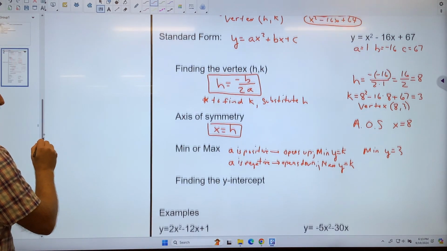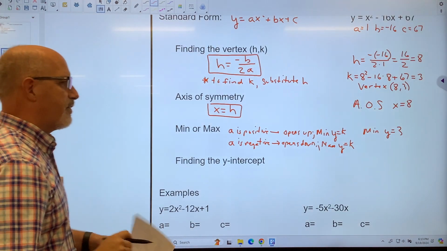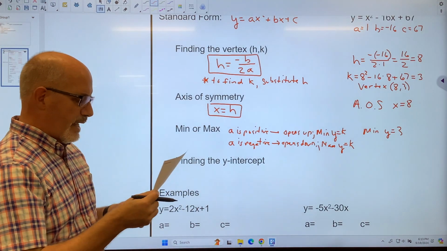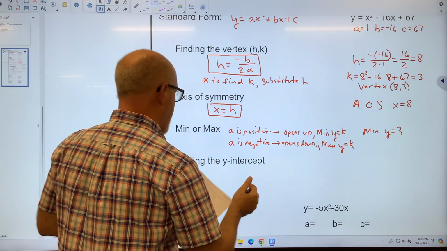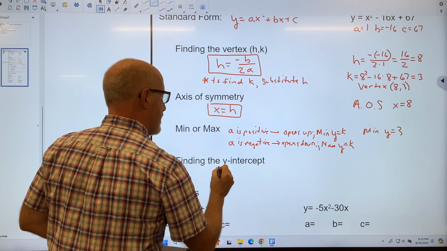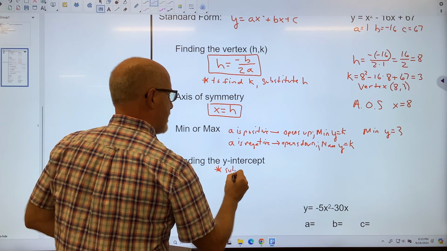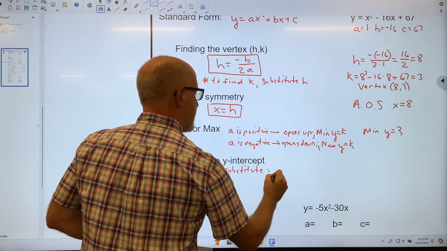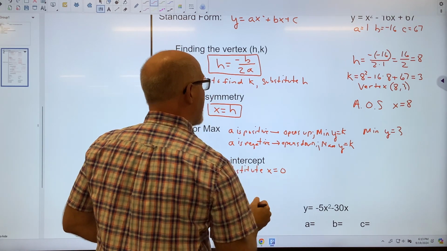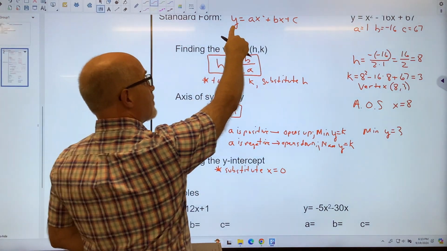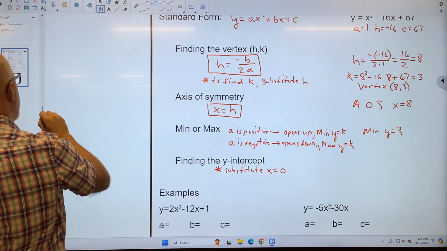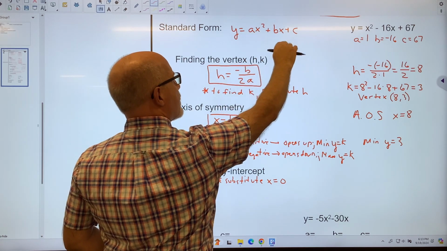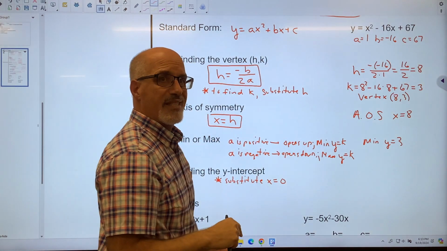All right, and then the last thing we want to do is be able to find the y-intercept to describe this. So when we look at this, the y-intercept would be when we substitute x equals 0. Well, what happens when you put in x equals 0 into our standard form, you get 0 for this term, 0 for this term, so it ends up being just c.